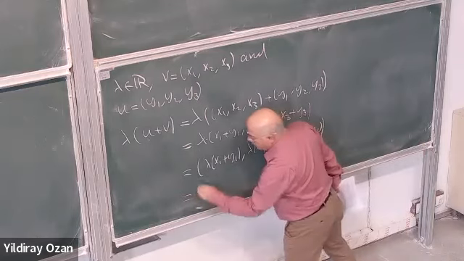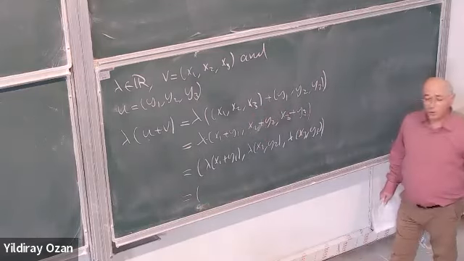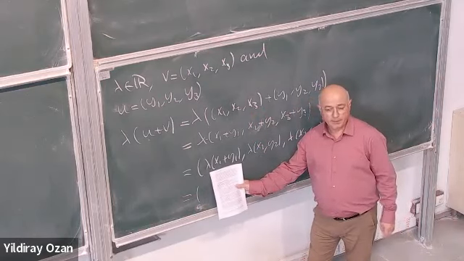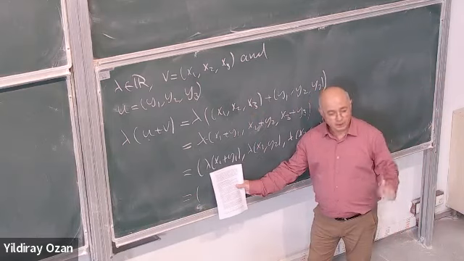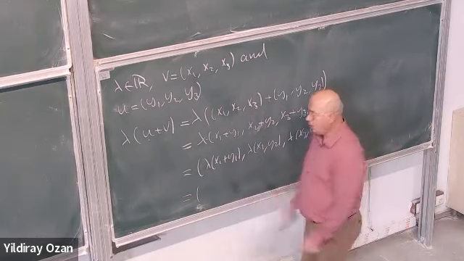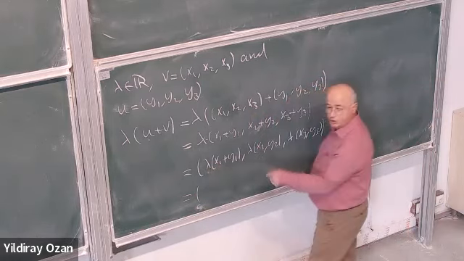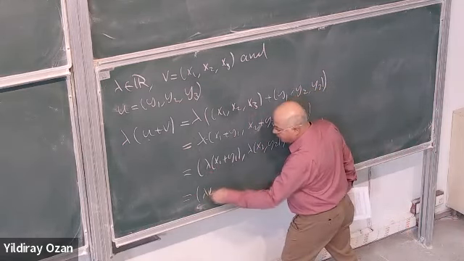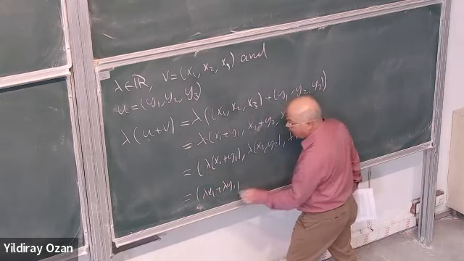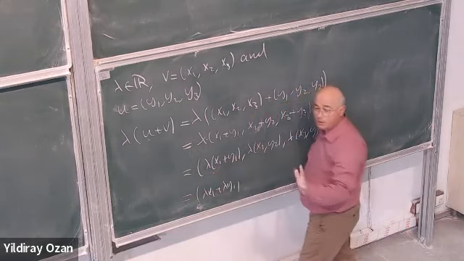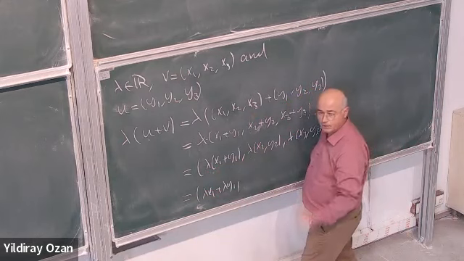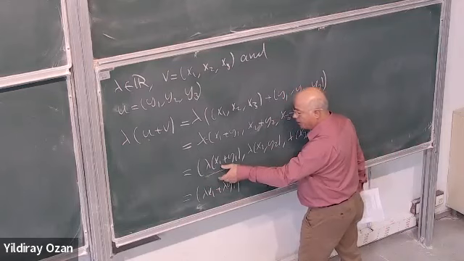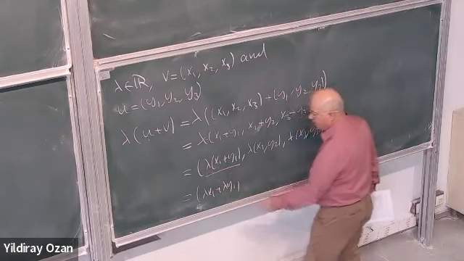And then what can we do? Well, each component has this term, but these are just real numbers, and in real numbers we can distribute multiplication over addition. So this product is just lambda times x1 plus lambda times y1. This is the property of real numbers, not of vector spaces.